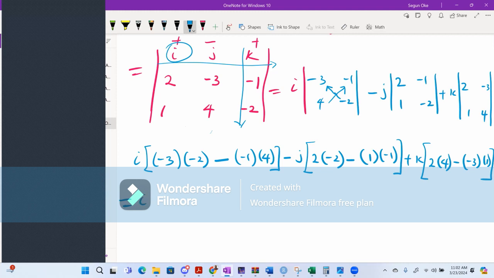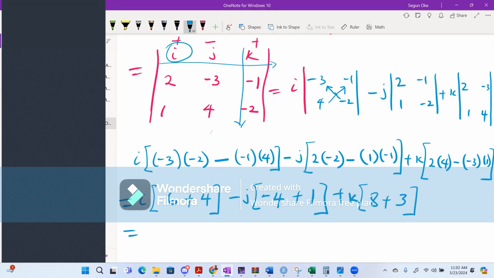So let's solve it. I will be, open this bracket. This is positive 6. Minus times minus, positive 4. Minus J: this is minus 4. Minus times minus, positive 1. Plus K: 2 times 4, 8. Minus times minus, positive 3.